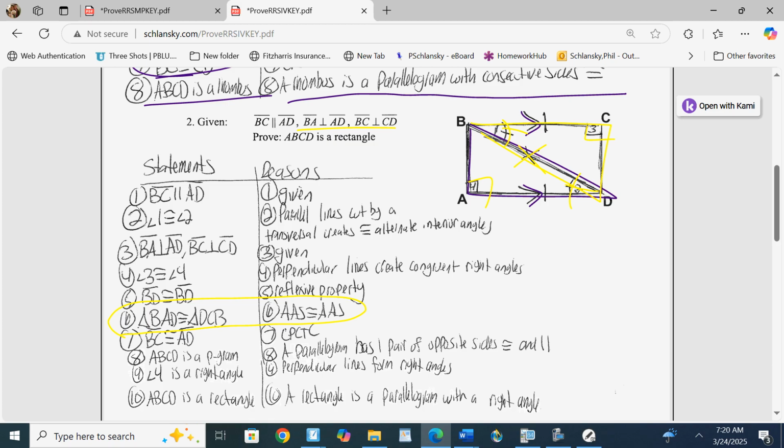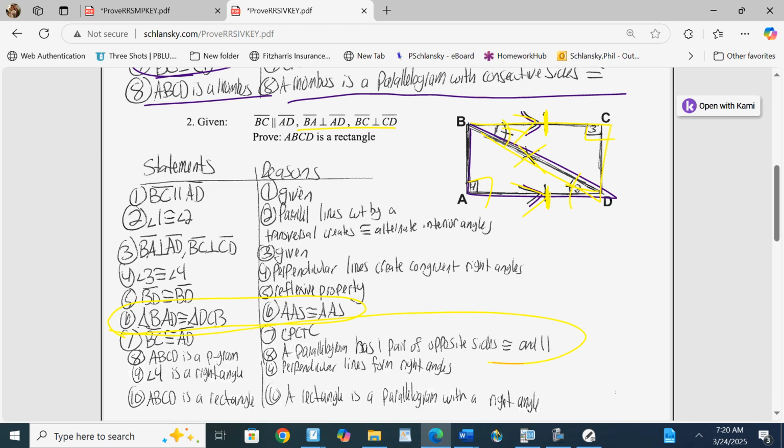I already have this pair of opposite sides parallel, so I need either another pair of opposite sides parallel or that same side congruent. Well, since these triangles are congruent, I can state that these sides are congruent through CPCTC. Once I have that, I have one of my 5 parallelogram pictures. I can state it's a parallelogram.